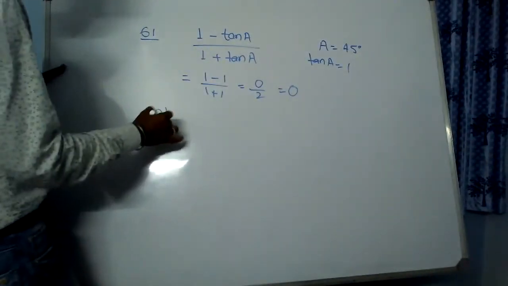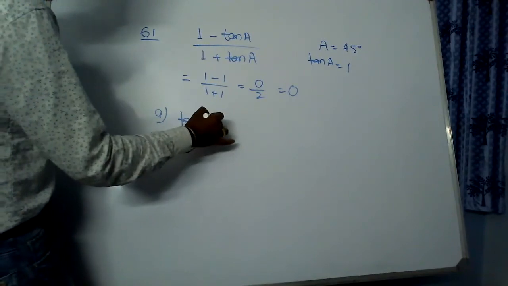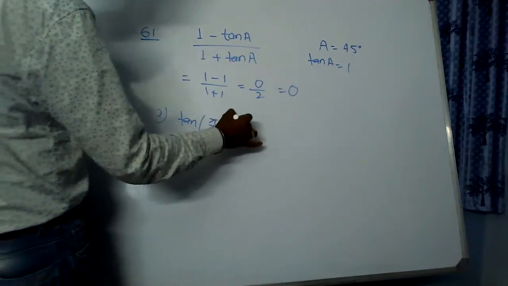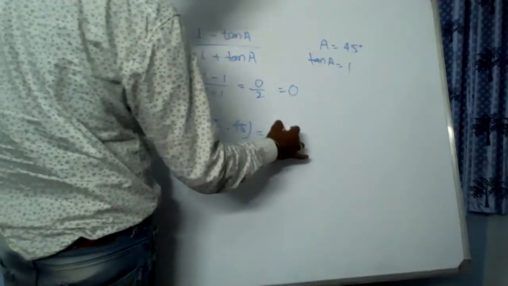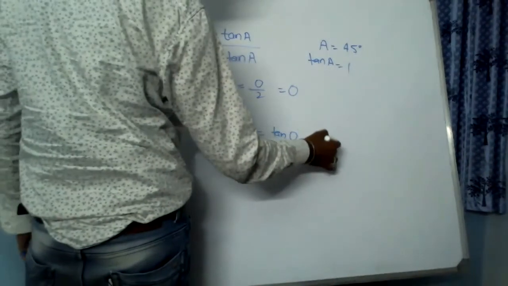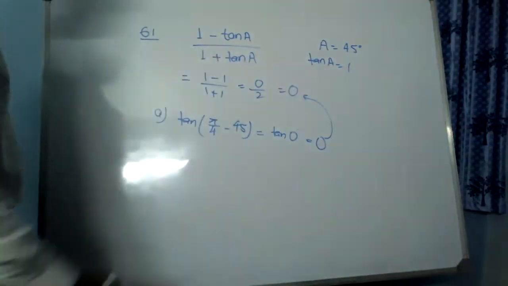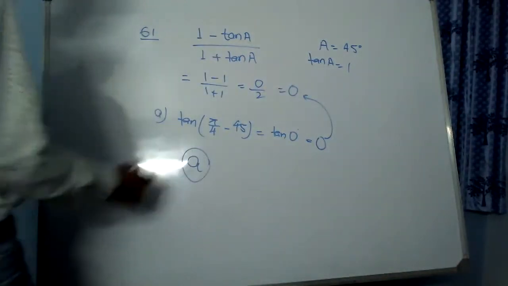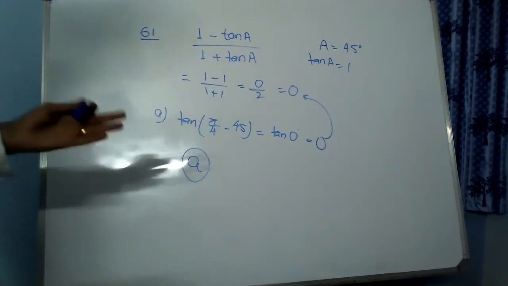So if I start with the first one, tan of pi by 4 minus a, I have taken a as 45, that is tan 0 degree. Tan 0 is what? 0 itself. Matching. So of course A is your right answer. Simply done. If you want to check with the other ones, it will not give you.